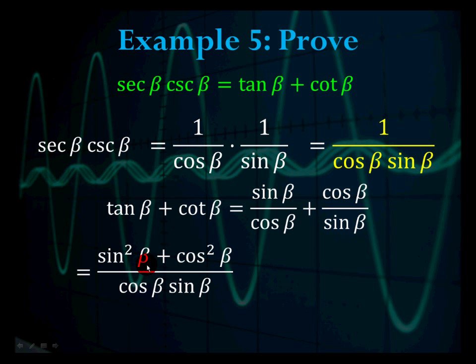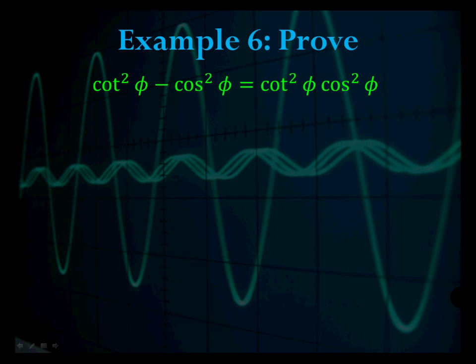By doing that, you get sine squared beta plus cosine squared beta over cosine beta sine beta. Well, look at this. This is a Pythagorean identity. This is equal to 1. So, I've gotten the right side of the expression to equal this. Since I worked each side separately and got them to equal the same thing, therefore, this is true.